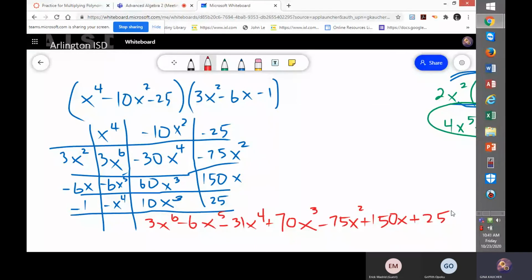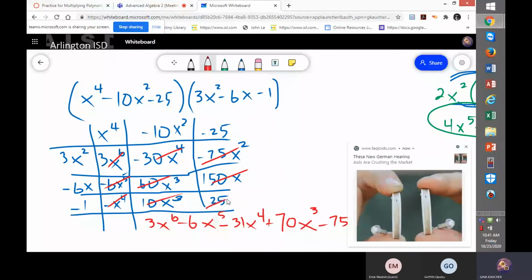Only thing I would suggest, since these are kind of all over the place, is you might want to, as you use them, just to make sure you get them all, cross them off. There we have that. And the third, we have this one and this one. So it's easier to see that you actually used them all, which we did. Okay, so that's one way to do that problem.